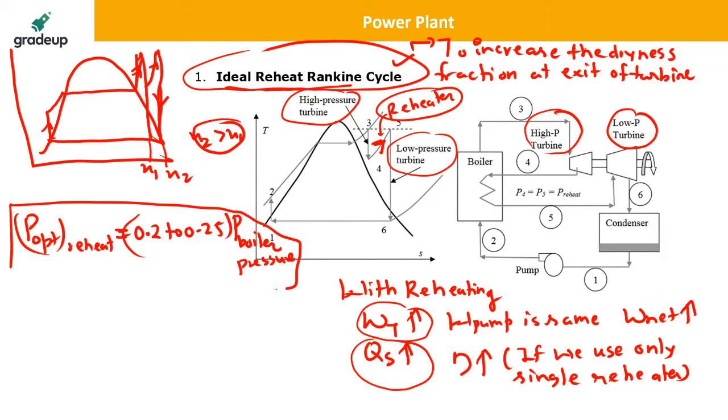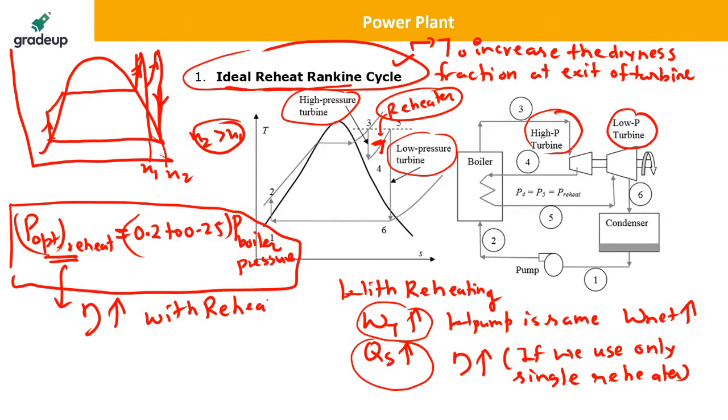So my dear students, the reheat pressure of 0.2 to 0.25 is the optimum reheat pressure, and under this condition, the efficiency will increase. If the reheat pressure is 0.2 to 0.25 of the boiler pressure, then efficiency will increase with reheating. But if the reheat pressure becomes more than that, then efficiency will decrease.